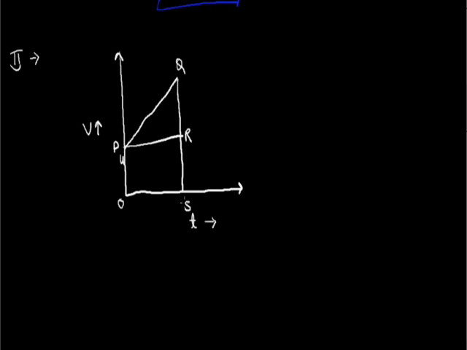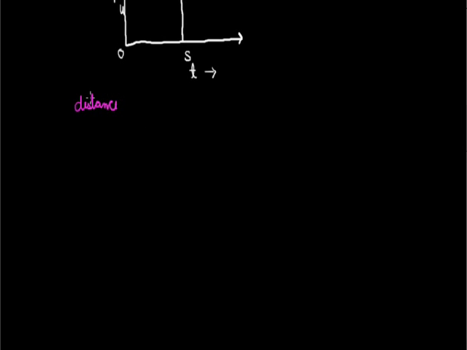To derive the second equation of motion, we have to calculate the distance covered. In the VT graph, the area under the graph represents the distance covered. Let the distance covered be s.